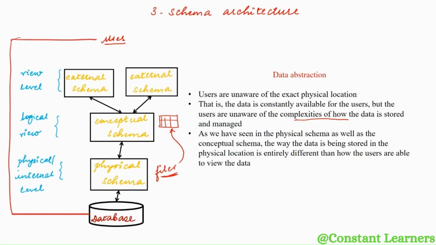This is what we need to understand, that the data is being stored in a format in the physical location in the form of files, but the view that we have of the data is entirely different. All right. So that is data abstraction. That is, the user is unaware of the physical location of the data and the complexities of how the data is being stored and managed.